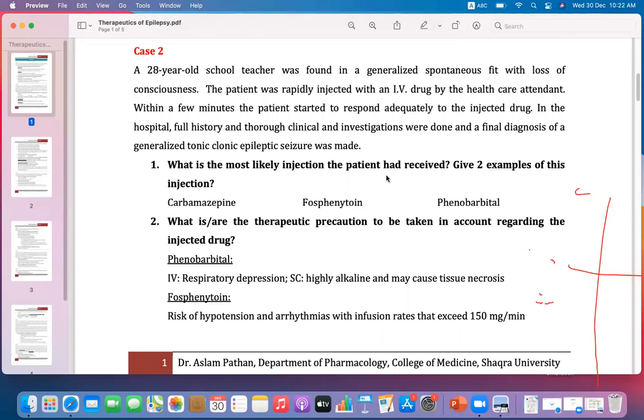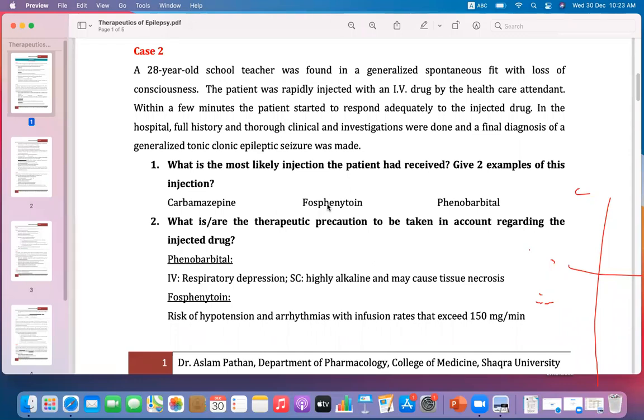Generally, for grand mal epilepsy, where there is a loss of consciousness, the preferred drugs which have to be given by the intravenous route are carbamazepine and phosphenytoin. Now, carbamazepine is an intravenous drug, and also phosphenytoin is an intravenous drug.